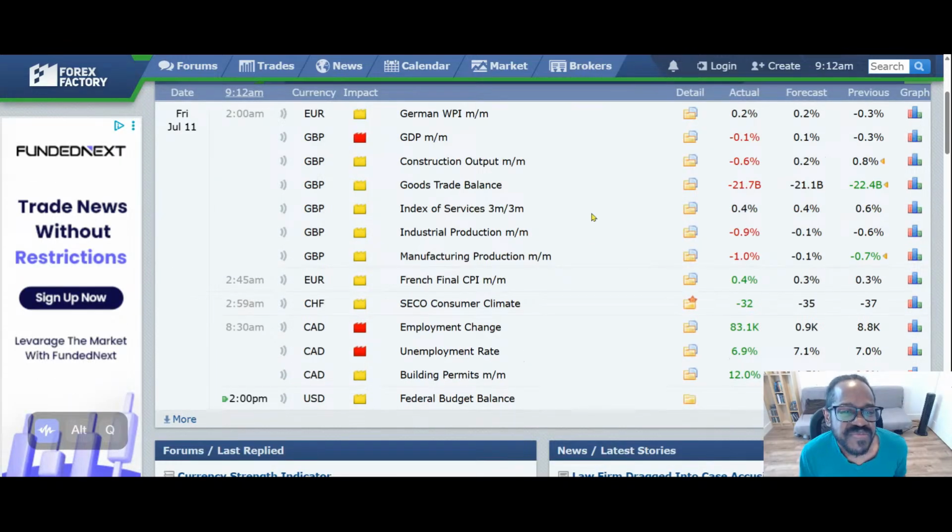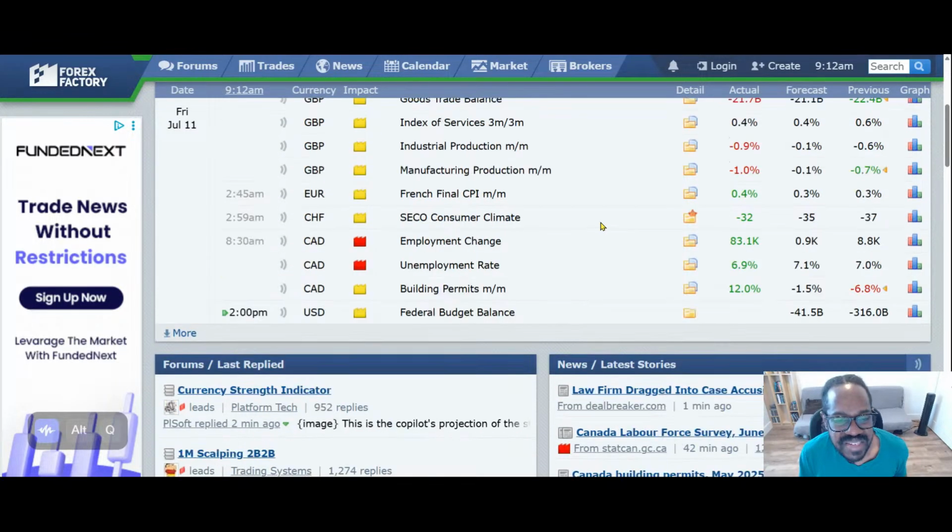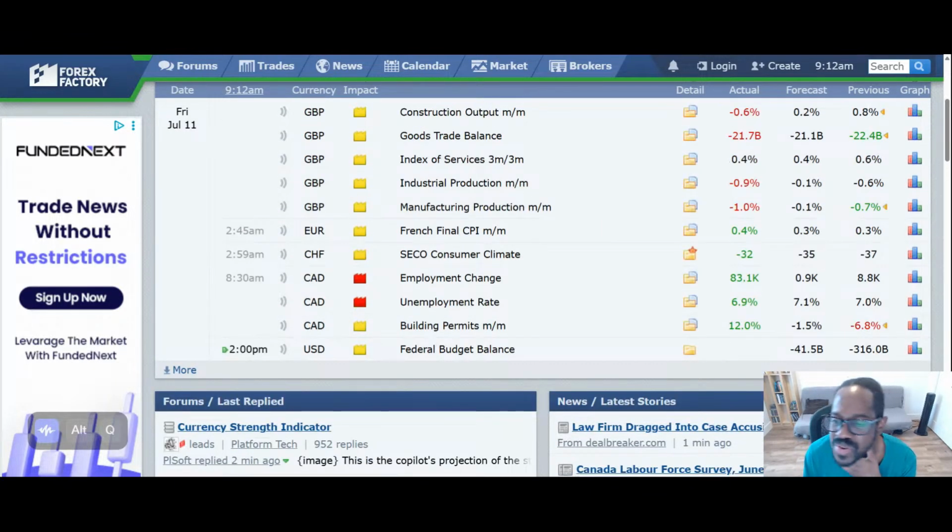So for today, no big movement here. We have the unemployment rate for CAD that was at 8:30. So let's look at the numbers here.